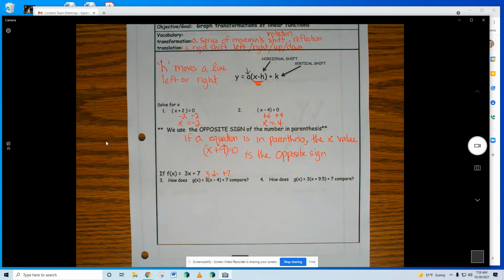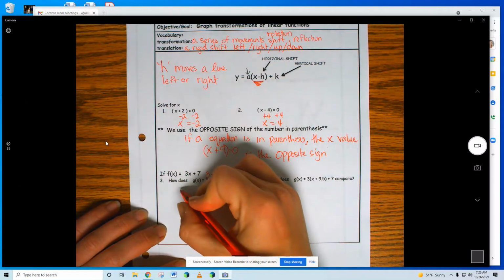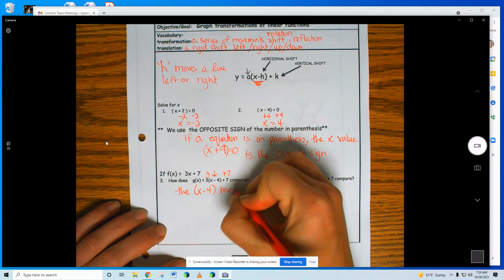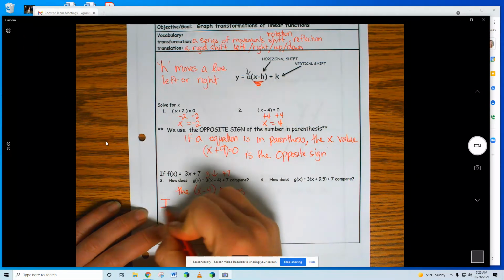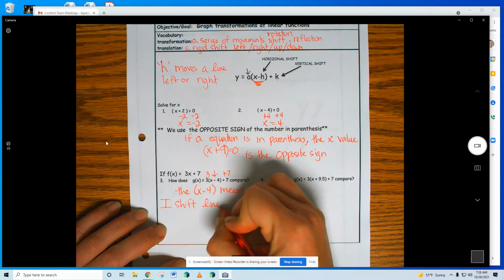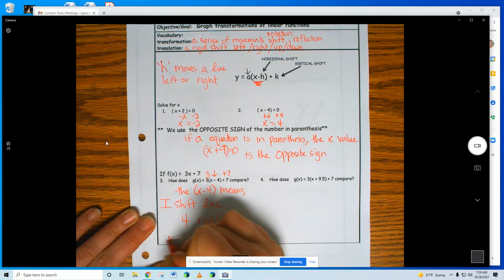So, in parentheses, this x minus 4 means that I'm going to do positive 4. What movement will I make? The x minus 4 means I shift the line 4 to the right. Opposite sign.